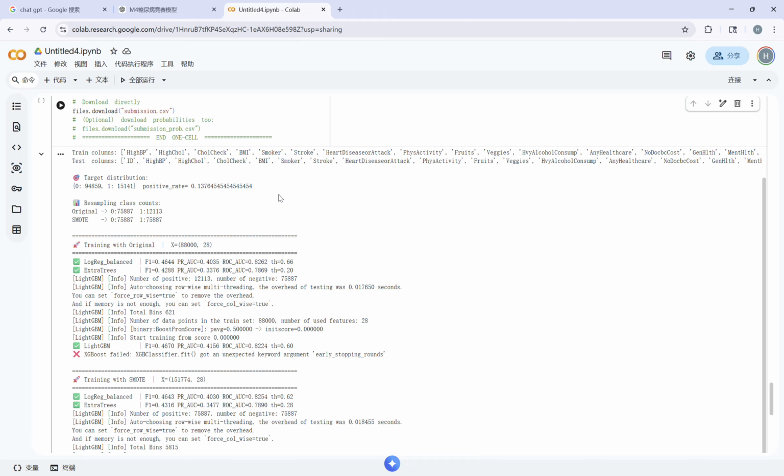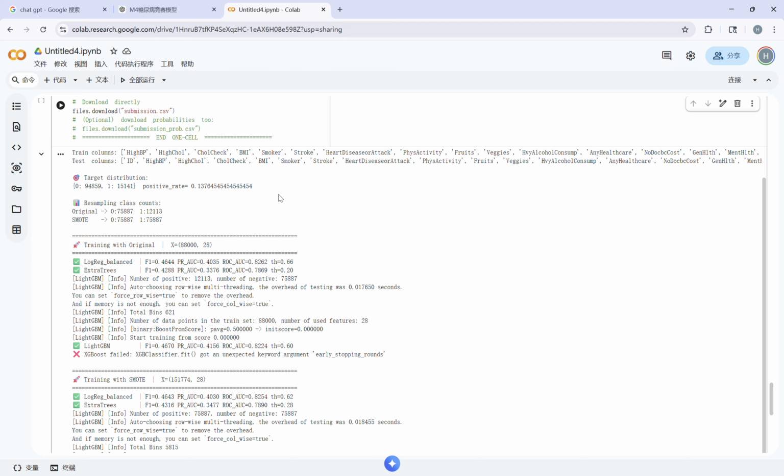Now we come to model training and comparison. We test three representative model families to cover different assumptions and strengths. The first is logistic regression balanced, a class-weighted logistic regression model that serves as a fast, interpretable baseline.